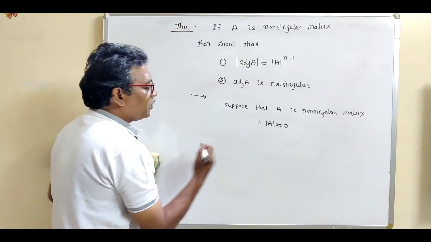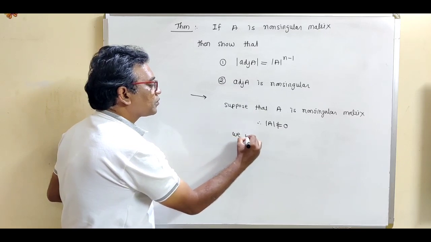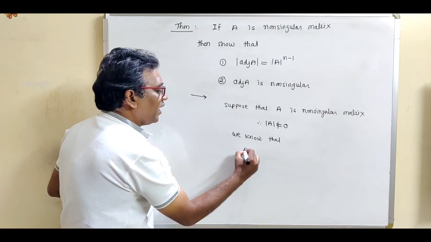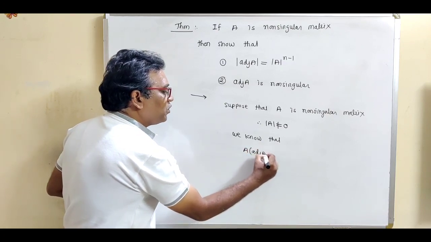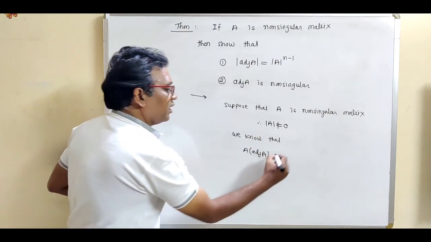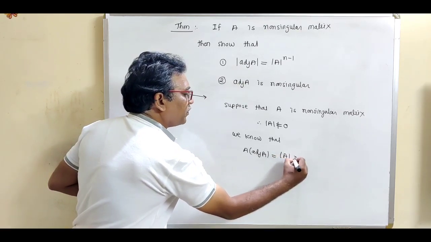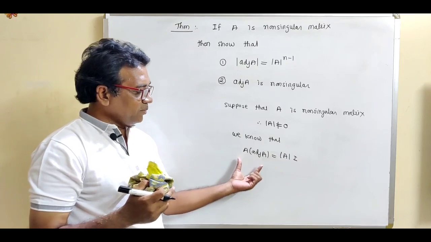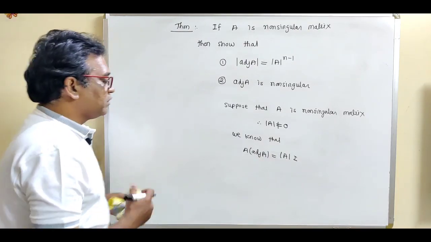So right here, we know the standard result: A into adjoint of A is equal to determinant of A into R. Now what is the next step? Taking determinant on both sides.